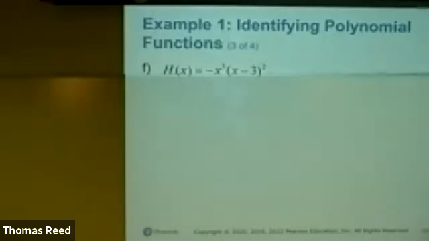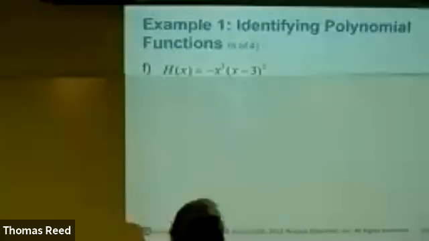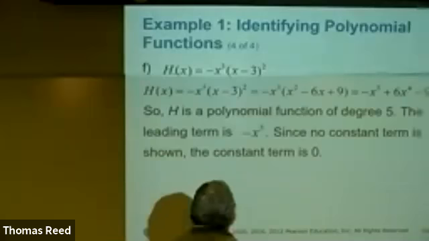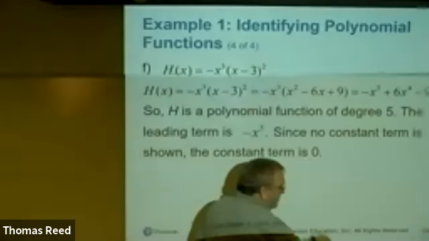And this too is a polynomial function. It's a 4th degree polynomial function where the leading term is negative x to the 4th power and the constant is 0, because it's easier to answer these questions if we multiply this all out. All right, there's no constant, but we're always adding 0, so the constant is 0.